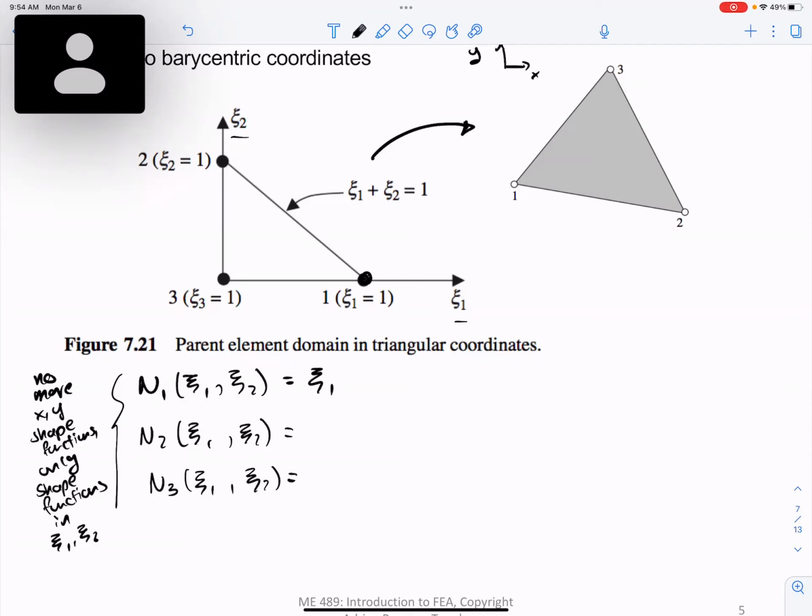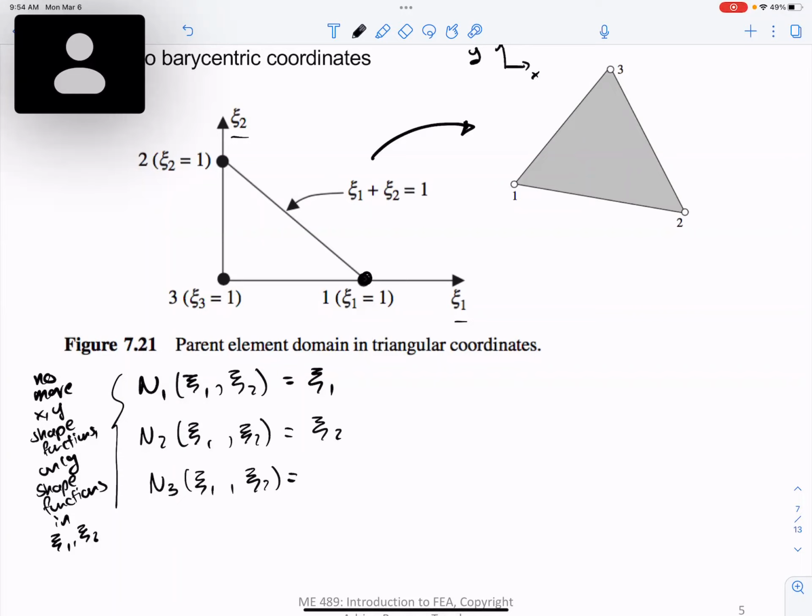How about N2 then? N2 has to be 0 at the bottom, but 1 at the top. Psi 2. And then what about N3? I already gave you the equation of the line.